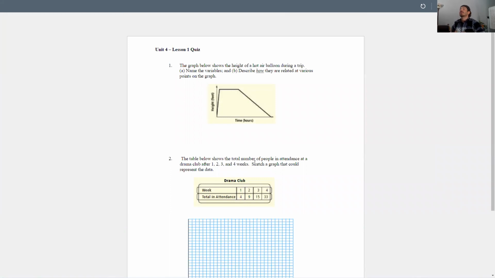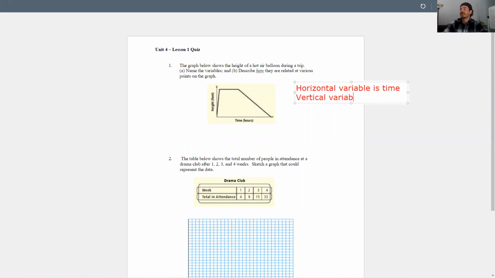The graph below shows the height of a hot air balloon during a trip. Name the variables and describe how they are related at various points on the graph. Okay, so there's a long way of doing this and a shorter way, so I'm gonna do the shorter way. The horizontal variable is time.